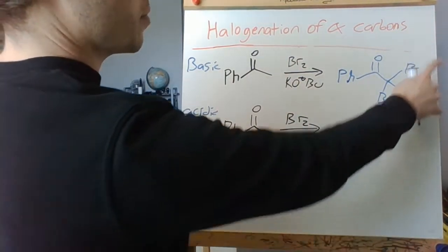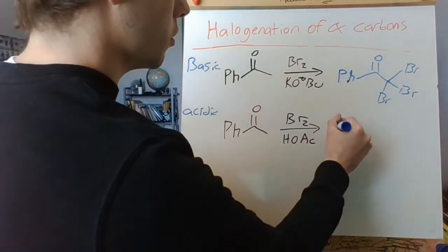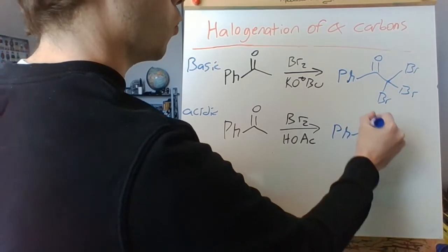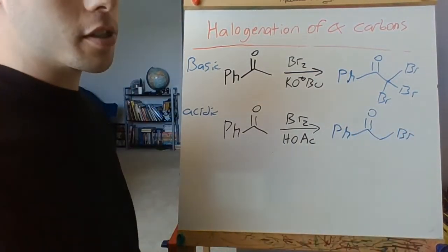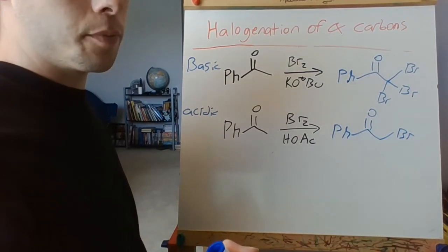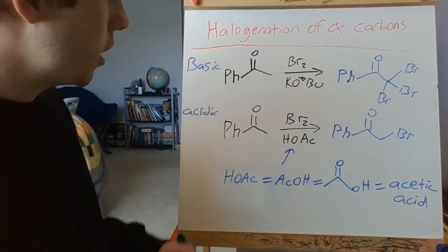So bromine substitutes every single hydrogen. But under acidic conditions, we only substitute one of those hydrogens. And so we would get this as our final product. You might be wondering what the heck is HOAc.